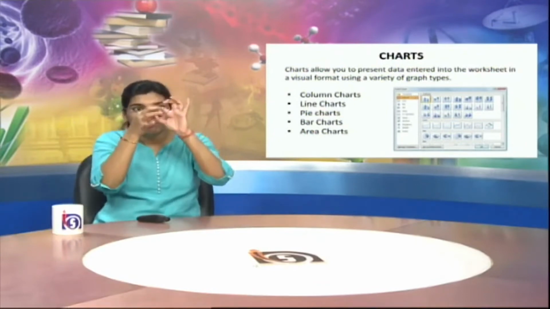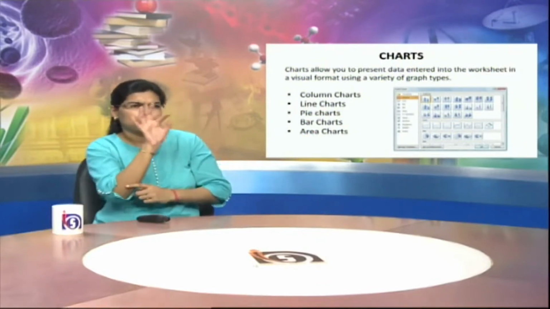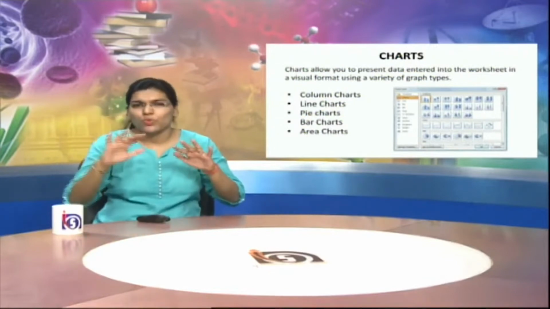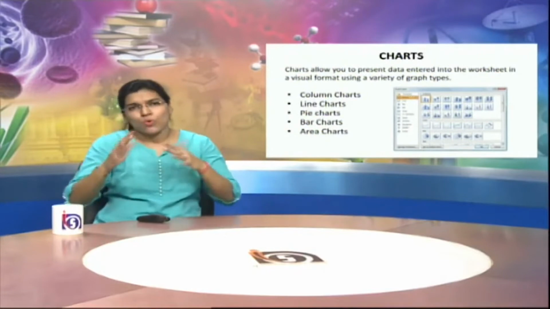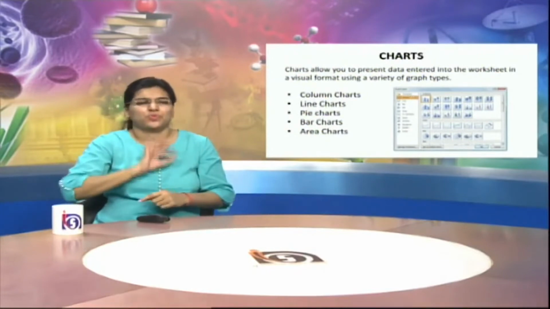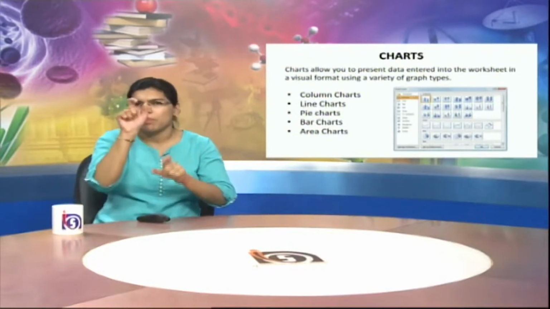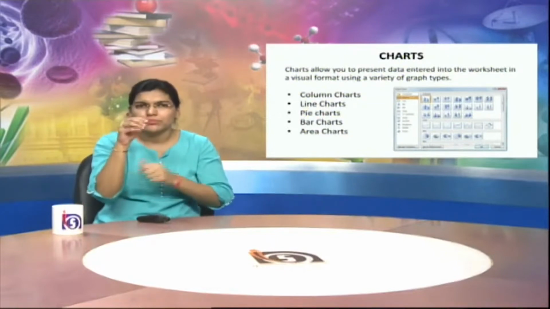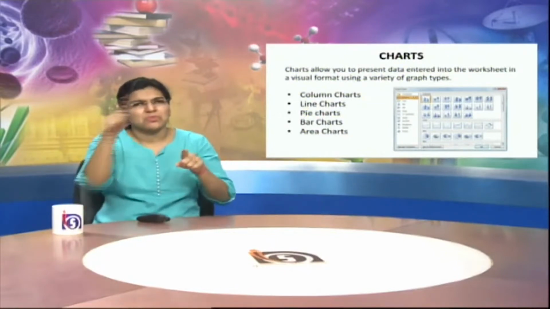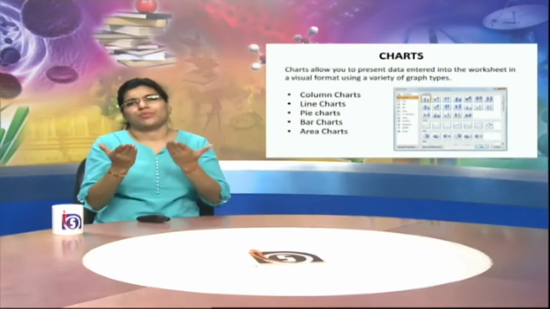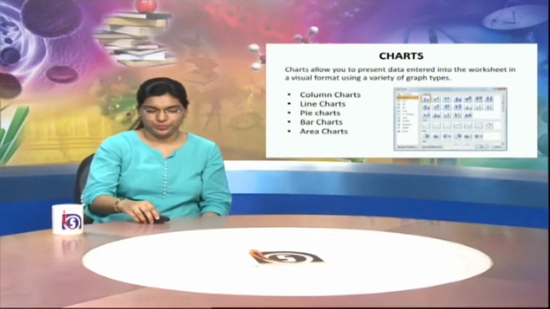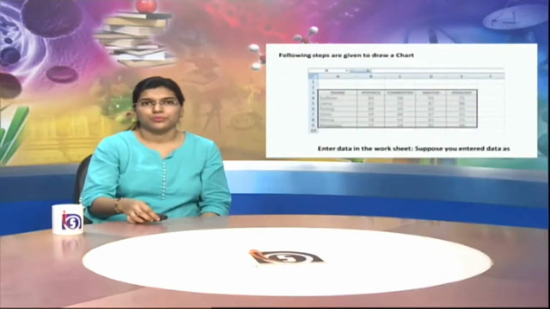So, similarly, there are different kinds of charts. You can select as per your choice and use it for different presentations. People doing mathematical calculations and results all use different kinds of charts. So, you can choose any chart as per your selection.